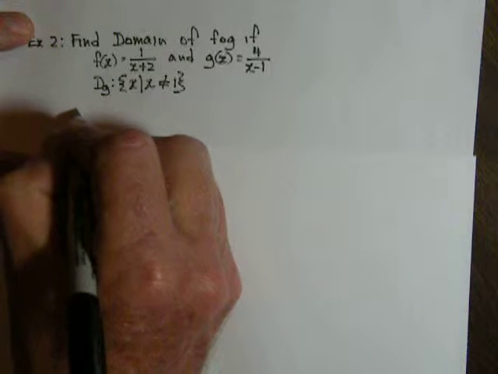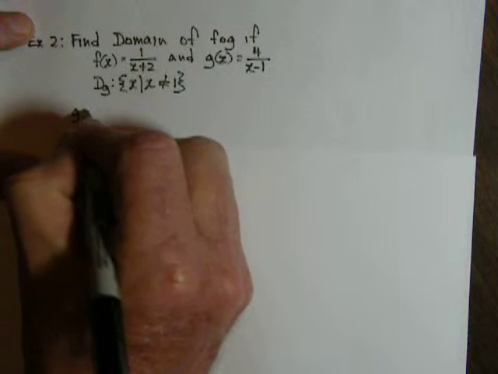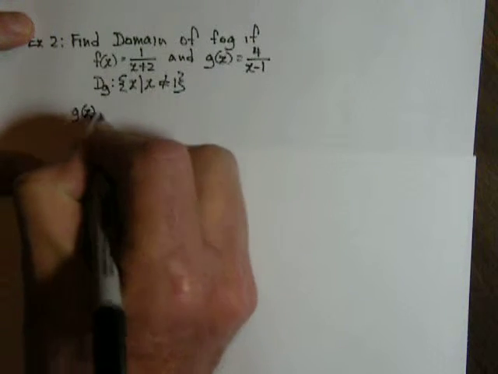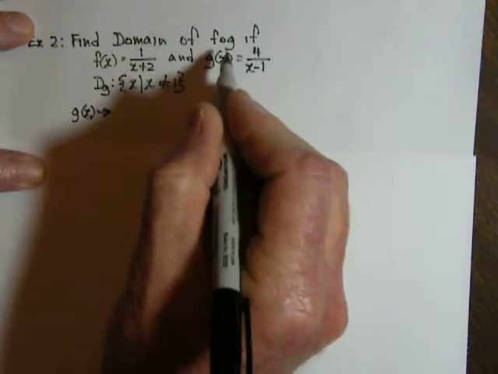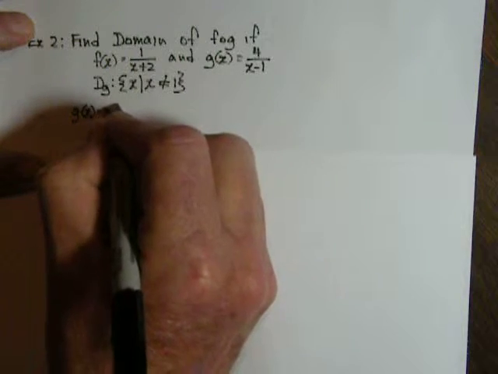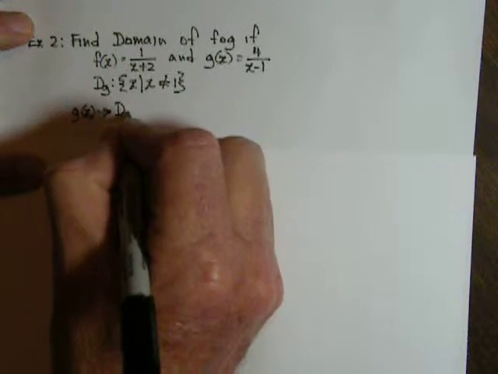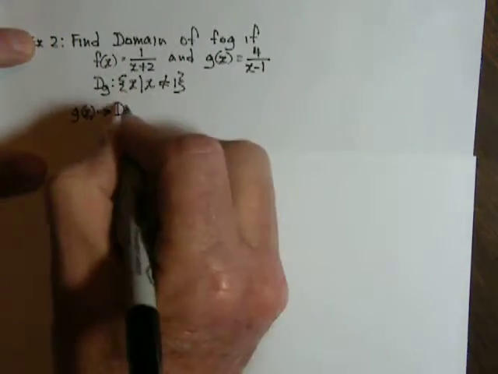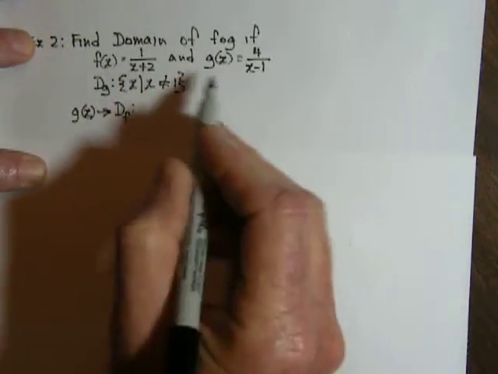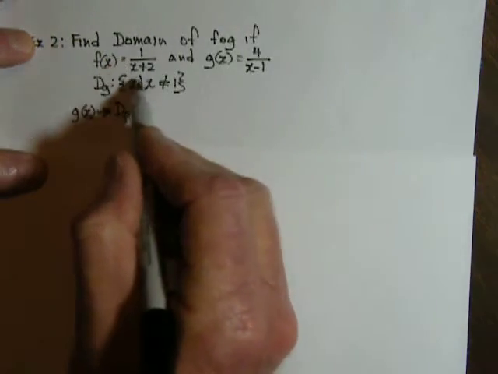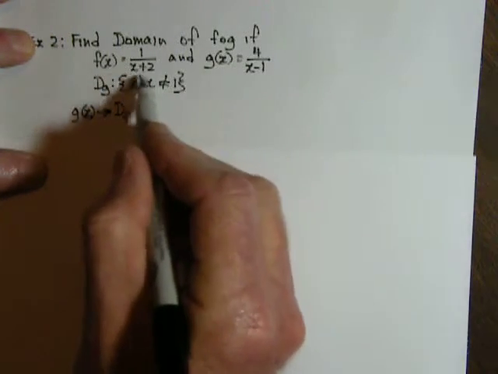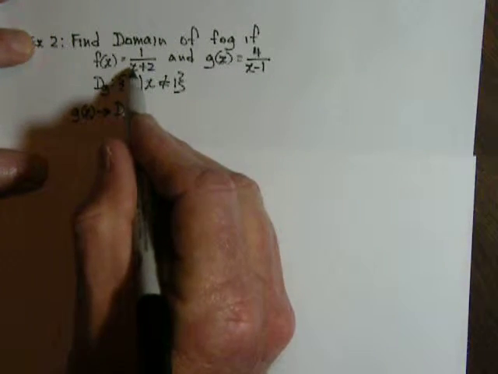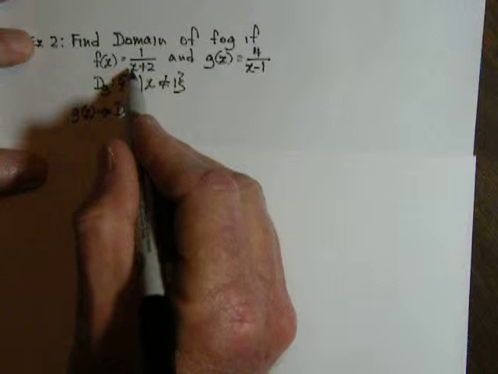Now remember, what's going to make up the domain of f is going to be the results of g operating. So this is going to determine the domain of f. If you look at the domain of f here, the number plugging in here cannot be negative 2.